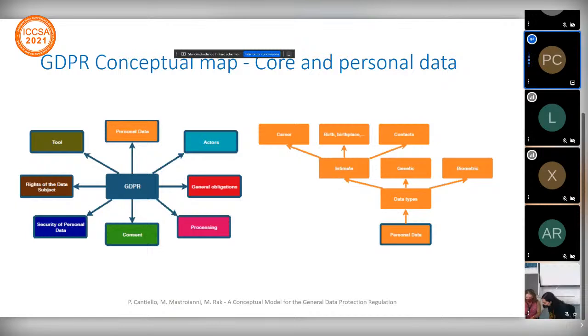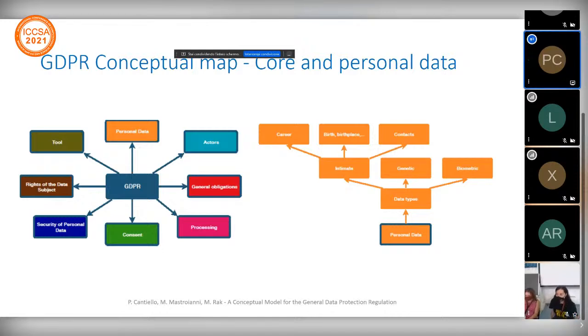In the GDPR, we have identified 8 main concepts. We can see on the left side of this picture the GDPR represented as an association of these concepts. We can start with personal data, which is the main data involved and regulated by the GDPR.